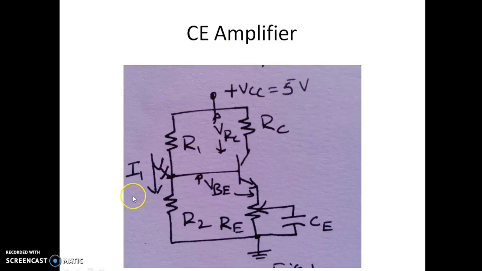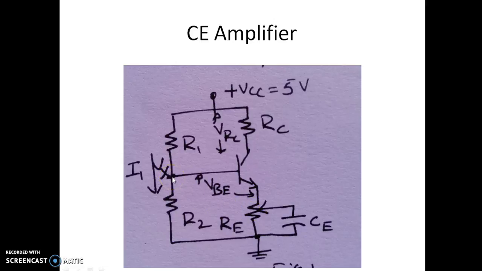Now you can see this is the same circuit, by removing the coupling capacitor and taking out the output. We have not connected the input. Now these are the DC conditions. The voltage across RC is written as VRC, the voltage between base and emitter is VBE, and the voltage across RE is named as VE.